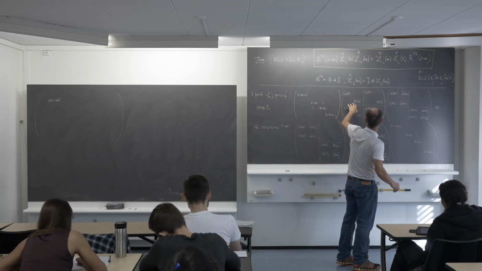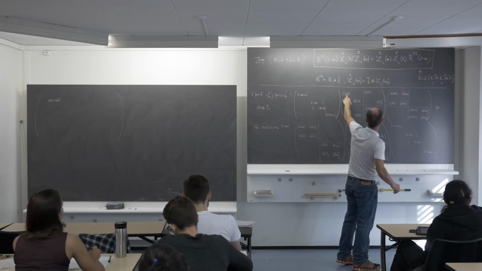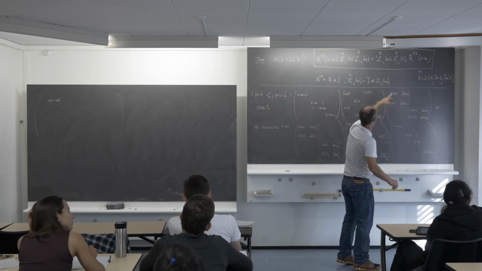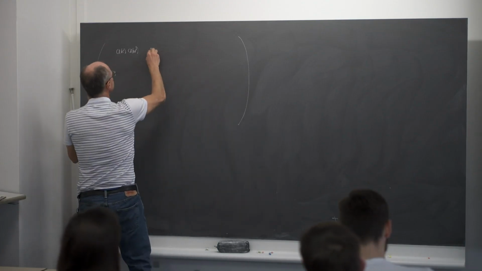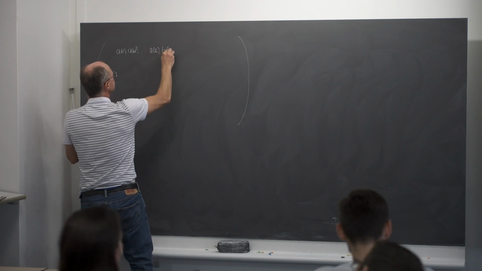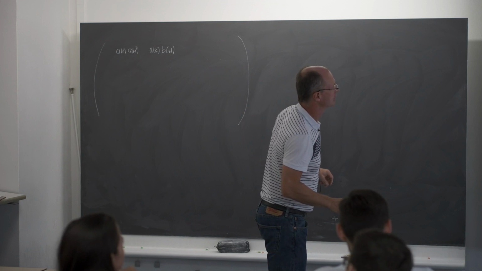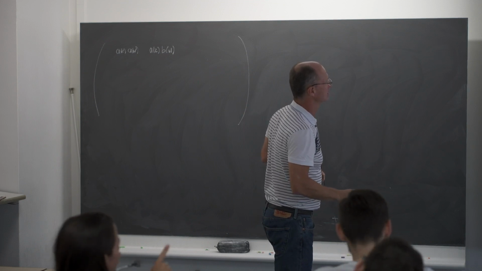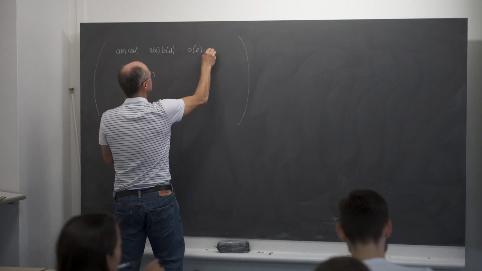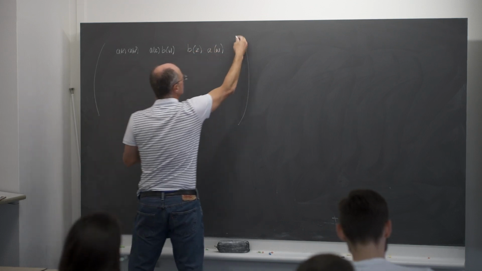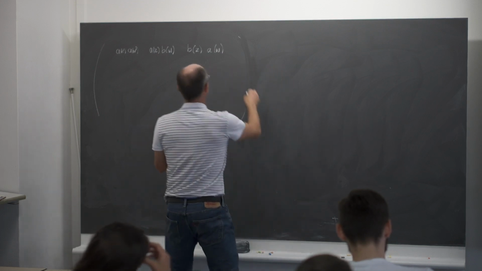Then I will have A of Z, B of W, right? So what's the next one? B of Z, A of W. And then the last one is B of Z, B of W, right?